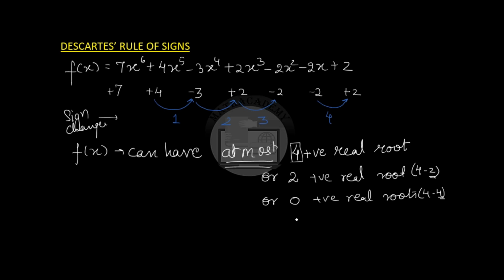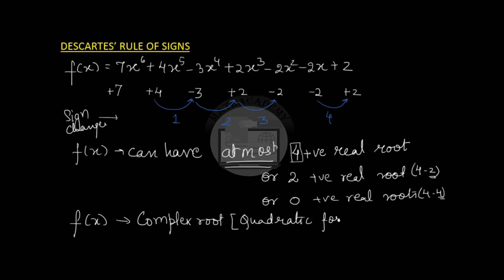And why do we always subtract an even number? Because a function f of x can also have complex roots, which we sometimes obtain by using the quadratic formula. And whatever complex roots we get through it always come in pairs. They always come in conjugate pairs. So if we have a complex root, there will be a pair for it.